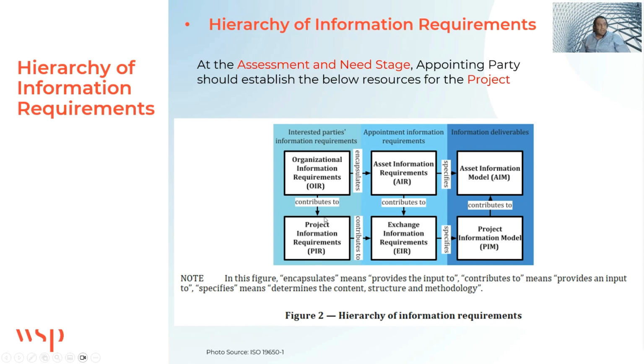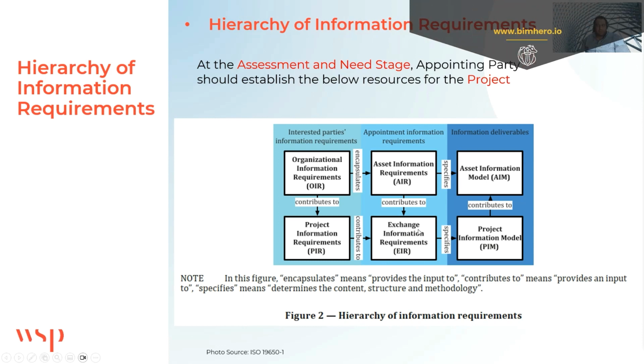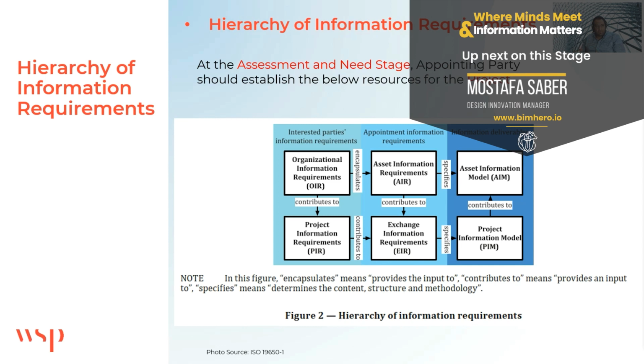But this is usually communicated to the appointed party, the consultant or contractor, through another document, which is the exchange information requirements. So this exchange information requirements shall be the main document that the contractor, consultant or any appointed party will use to deliver the information.